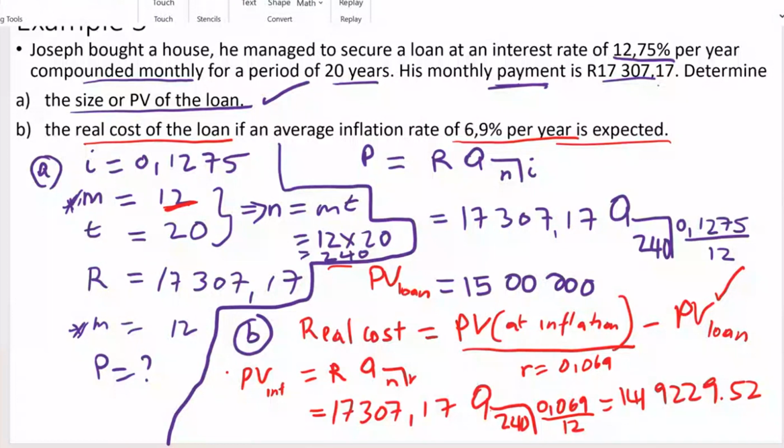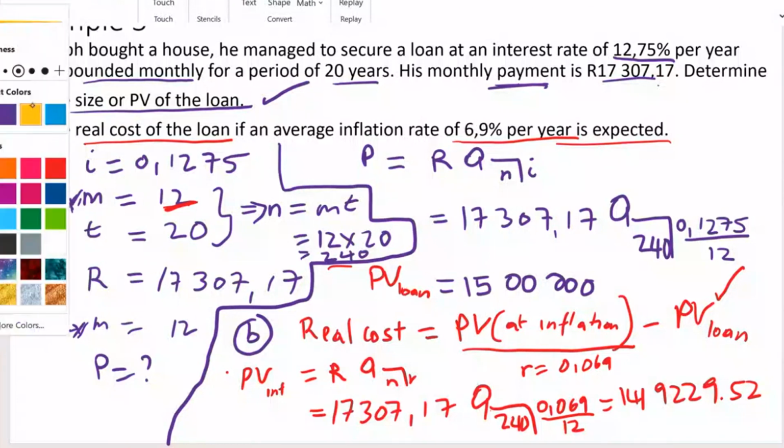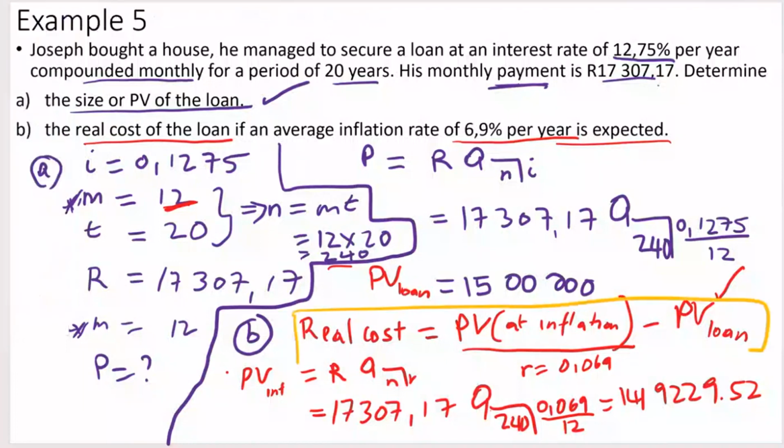So here is your formula. You come to your formula and you plug in. You've got your present value at inflation, which is this one. You are going to subtract the present value of your loan, which was this one.